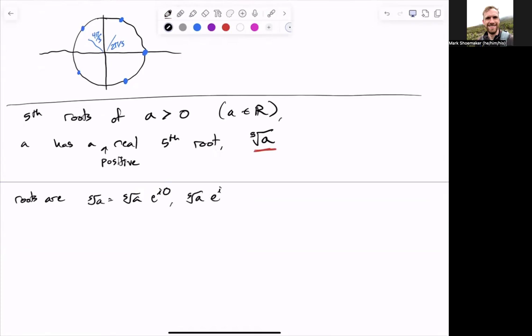And then I just change the angles like before. So then I add 2 pi over 5, 4 pi over 5, etc. So all that changes is the modulus, and the angles stay the same.